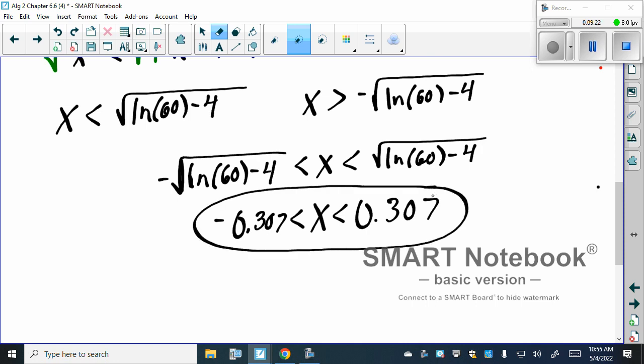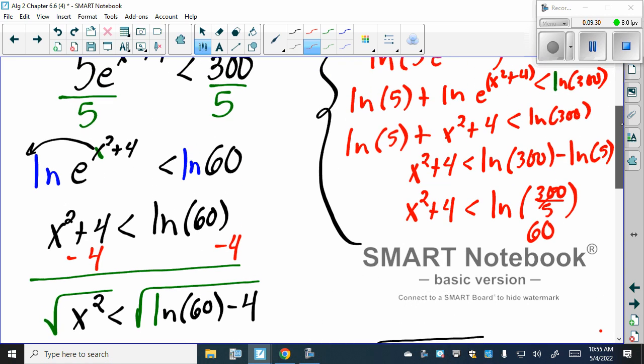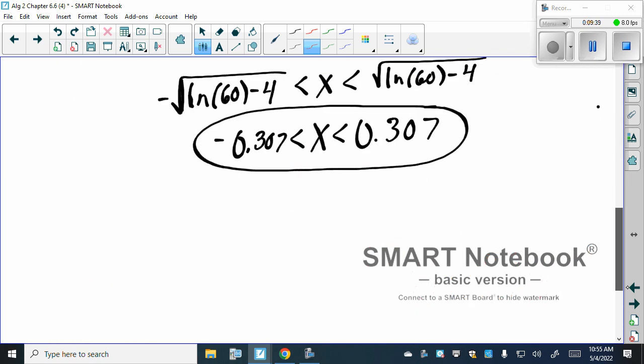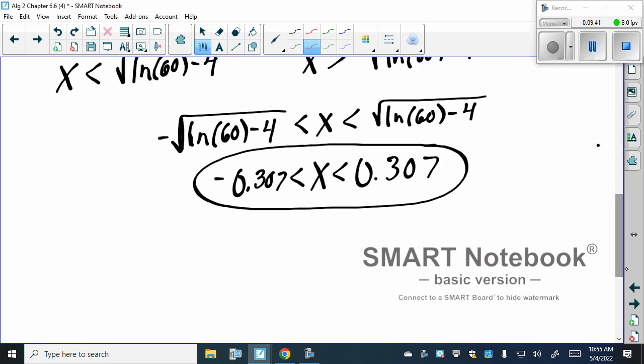Now, obviously at the start, we changed it from 13 to 303, yes? Well, if it was 13, when we minus 3, it would have taken it to 10. Divided by 5 would take it to 2. So if we'd have left it as 13, this would have been a 2 and this would have been a 2.